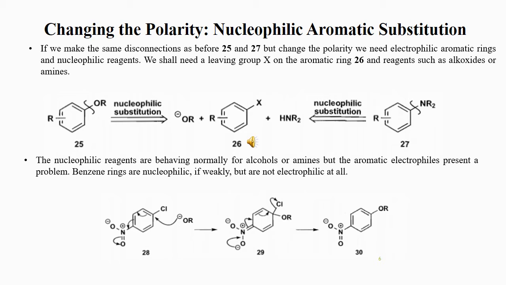But now in this case we are talking about nucleophilic reagents and electrophilic aromatic rings. So we need a leaving group X on the aromatic ring 26, and reagents such as alkoxides or amines. So for these synthons, alkoxides or amines as nucleophilic reagents are required, and the aromatic ring will itself act as the electrophile.